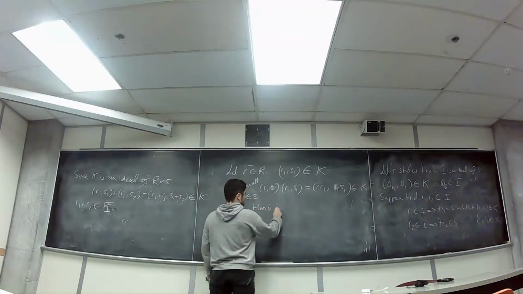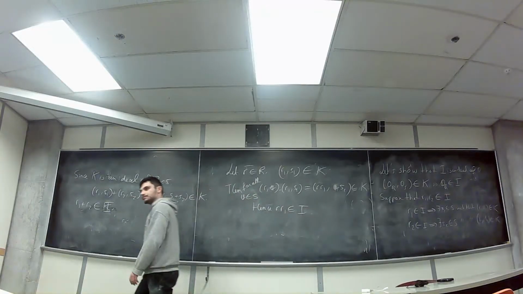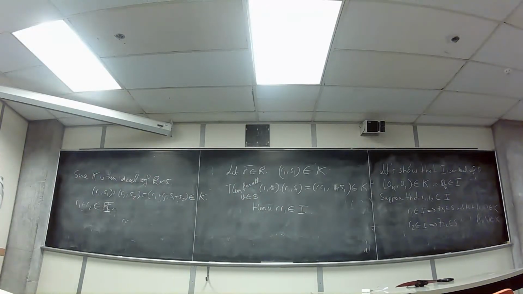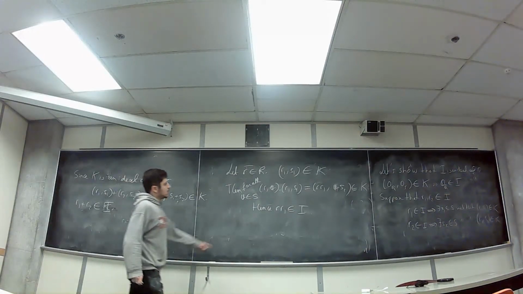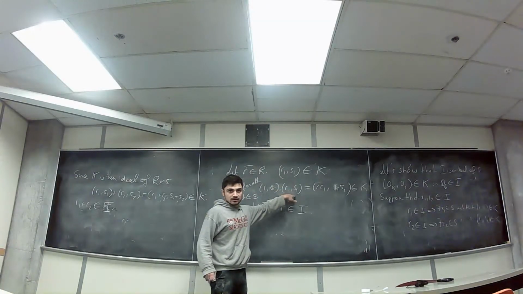Hence, R1. How do you know that VS1 is in S if S is in a group under multiplication? It's not a group under multiplication. You know that R1 S1 belongs to K, right?